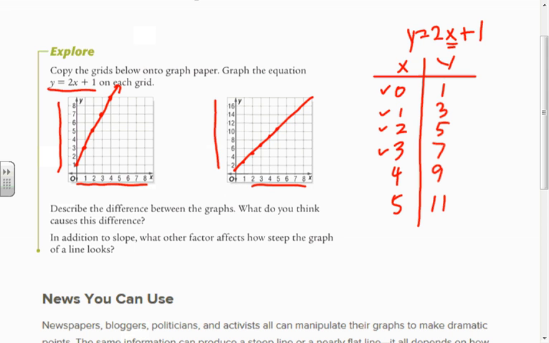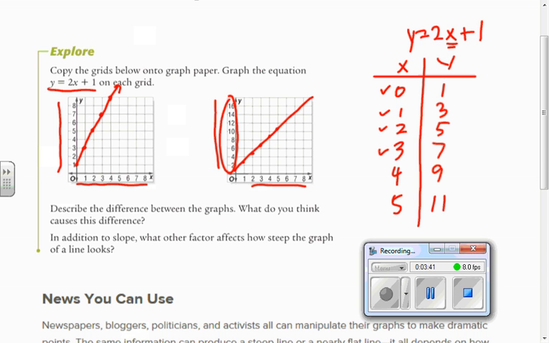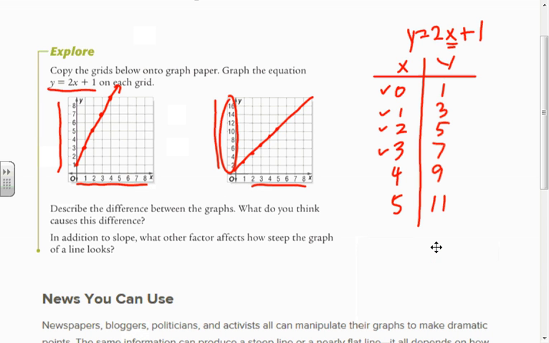And what caused that was the fact that this scale is 2 on the y-axis and the other scale is 1. So that's the idea that we're going to use. We're going to mess with the scale so we can either make it look flatter or make it look steeper, depending on what we want to accomplish.